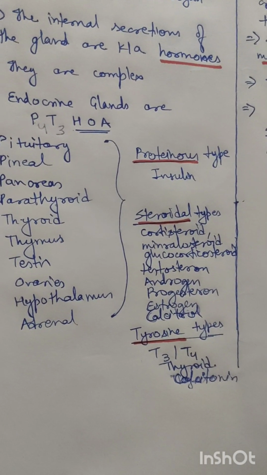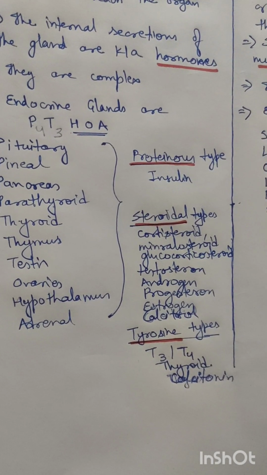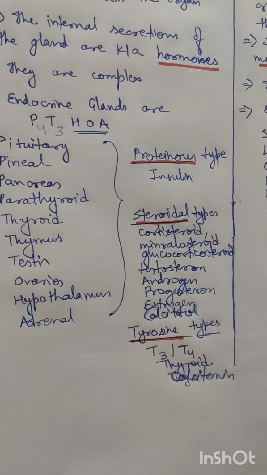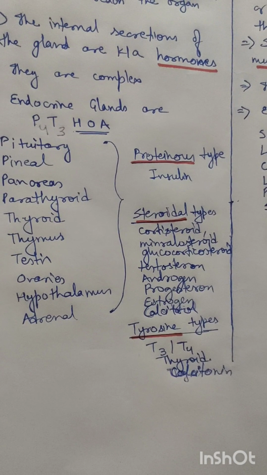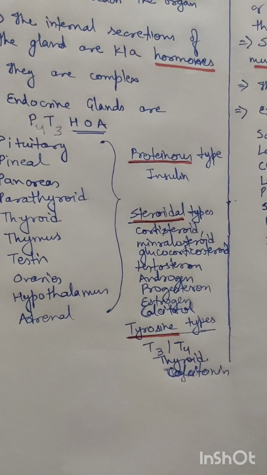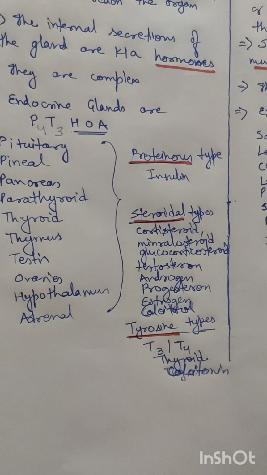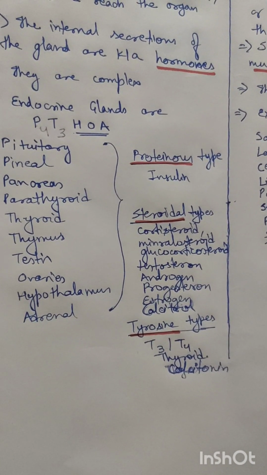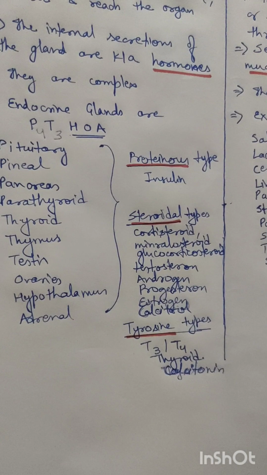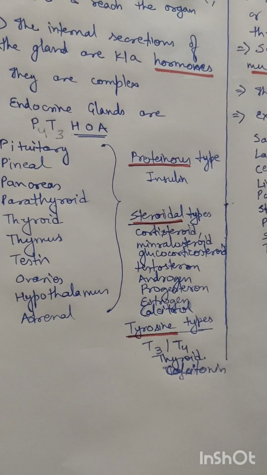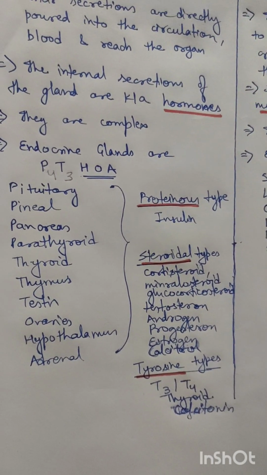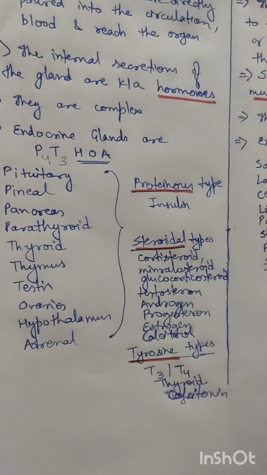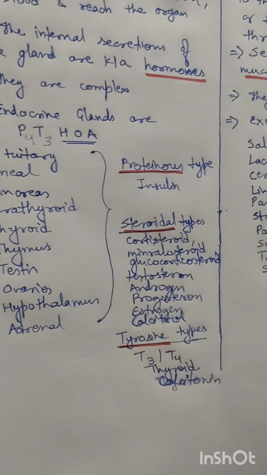The parathyroid produces parathormone, and the pancreas produces insulin, glucagon, somatostatin. The adrenals: the cortex part produces glucocorticoids, mineralocorticoids and sex steroids, and the medulla part produces adrenaline and noradrenaline.